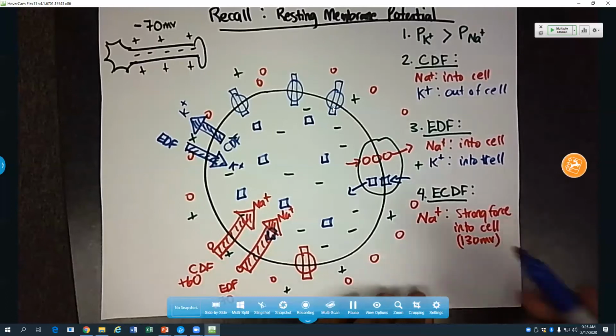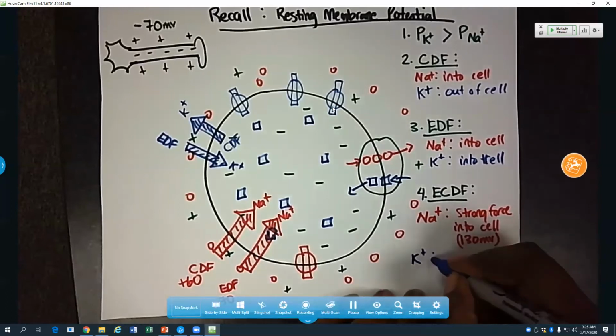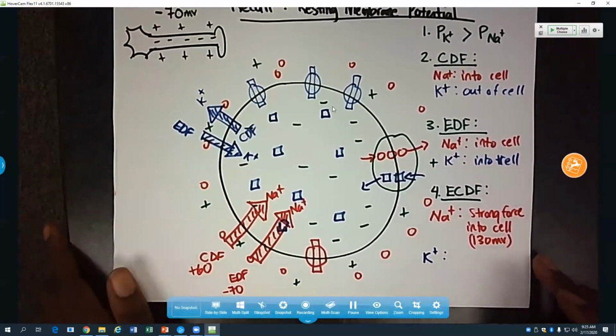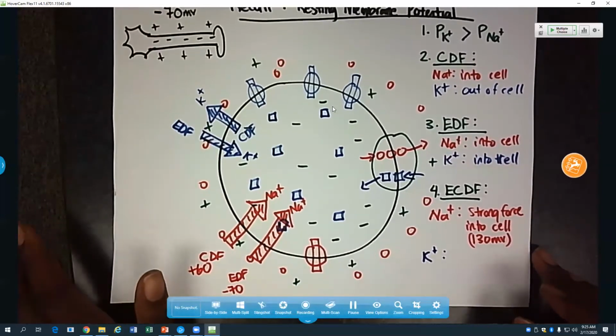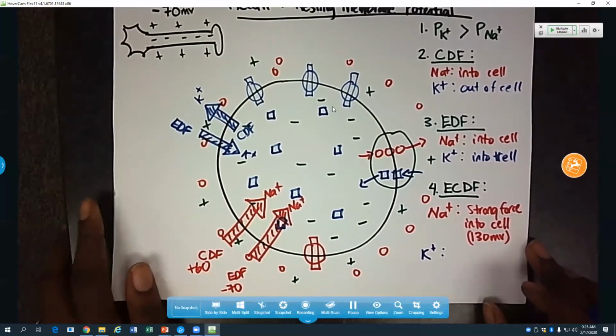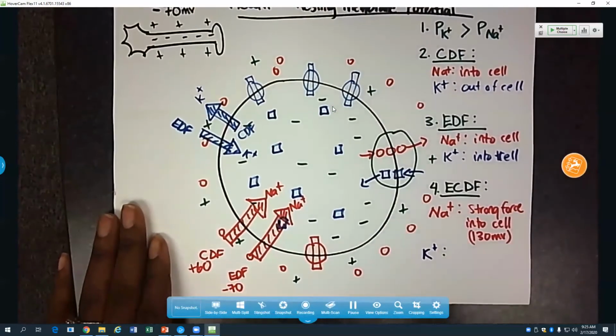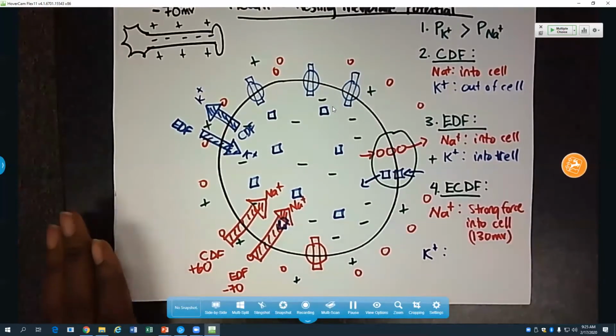Potassium, on the other hand, we had forces moving in opposite directions. And we spoke about what to do when forces are moving in the opposite direction, right? We're going to look at the membrane potential and the equilibrium potential, and we'll see which of these two values is greater. So the equilibrium potential for potassium was what value? That was negative, but what was the exact value?